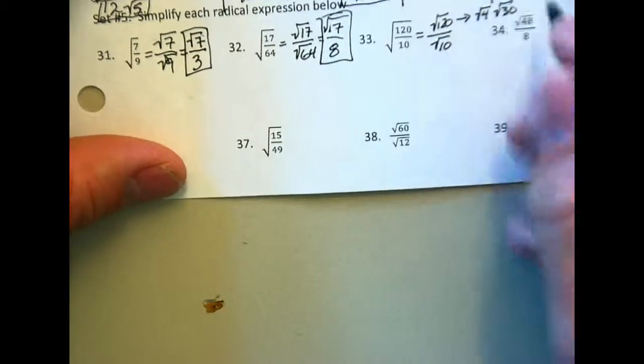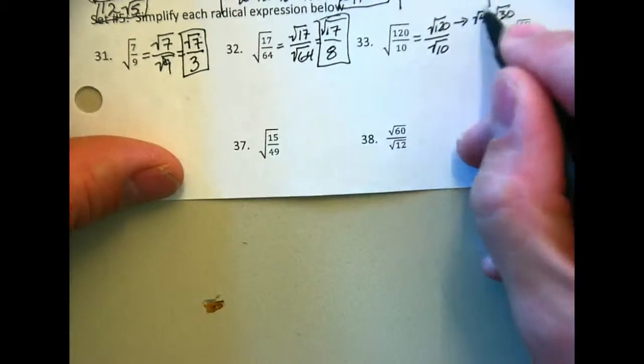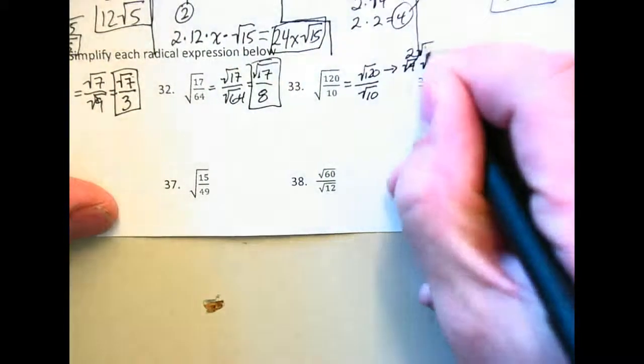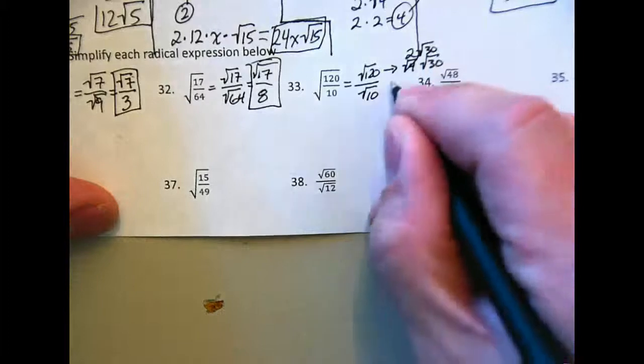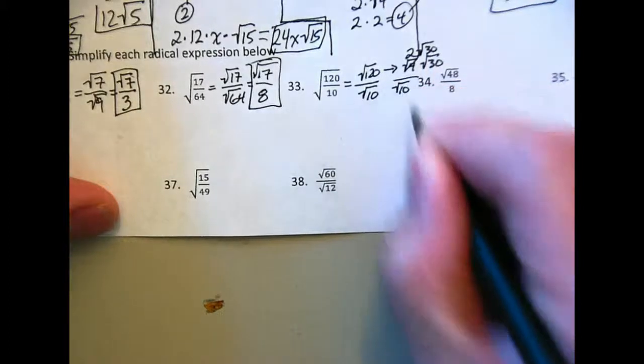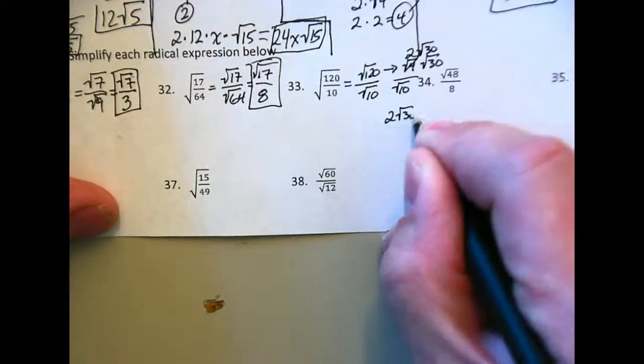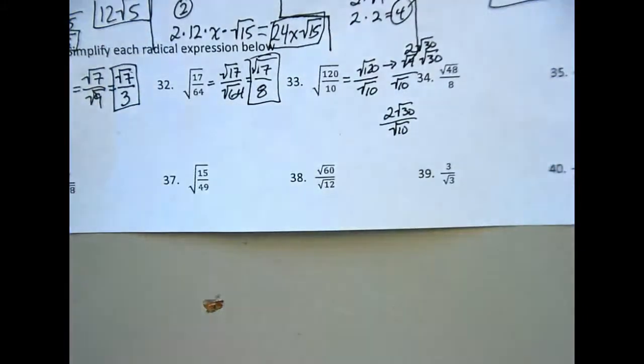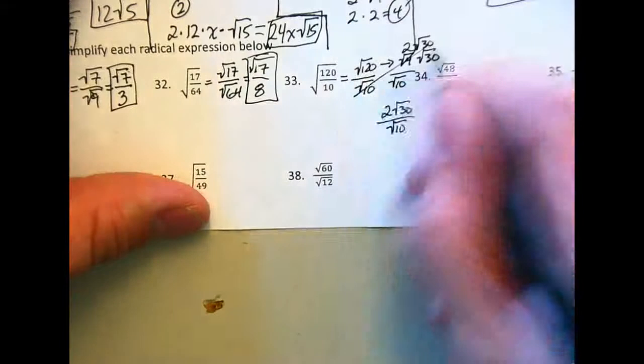And then I reduced the square root of 4 and got 2. So 2 root 30 over root 10. Is that right? You can't do that because you can't square it. You still have a square root on the bottom, so we've got a problem. So a lot easier way.